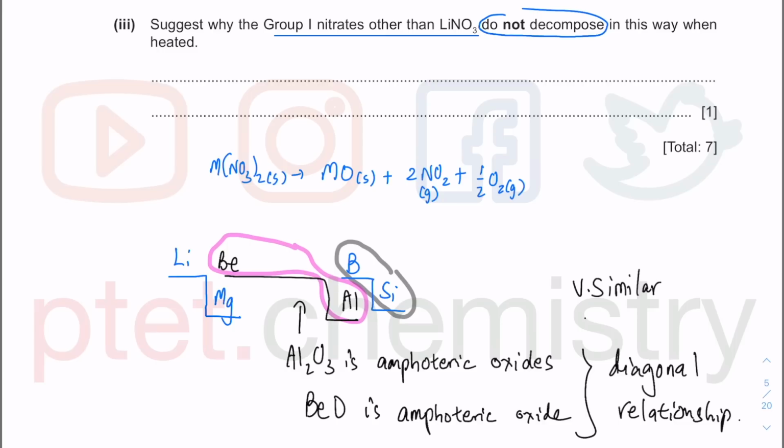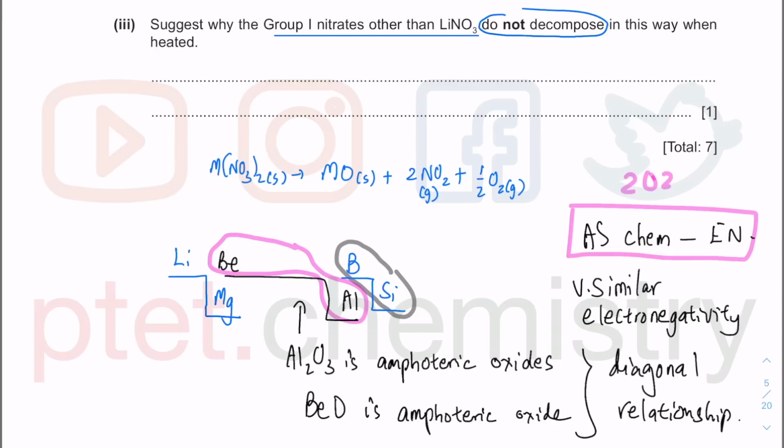Actually, it might still be asked in your new syllabus. If you look at AS chemistry in the new syllabus, they can give you electronegativity values. This is stated in the 2022 syllabus, where they are expected to be able to use electronegativity values, and if they have similar electronegativity values, when they combine with oxygen, their property is going to be similar.